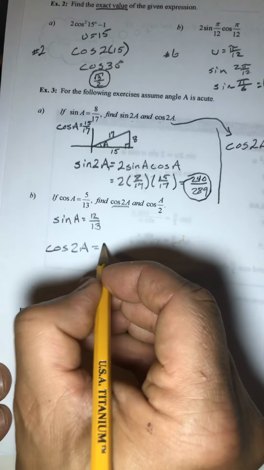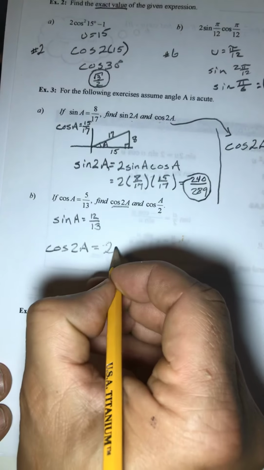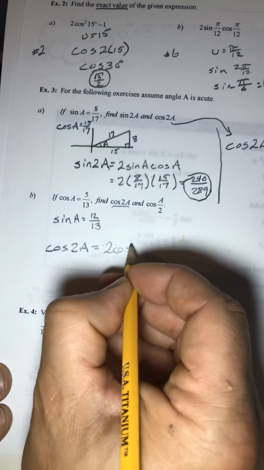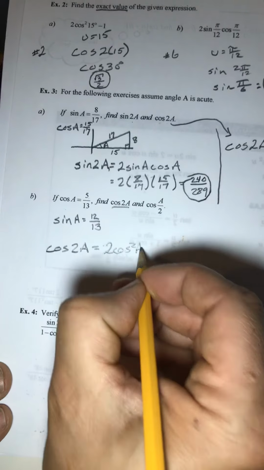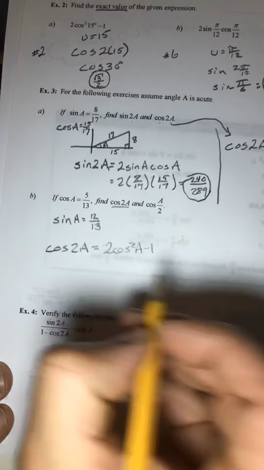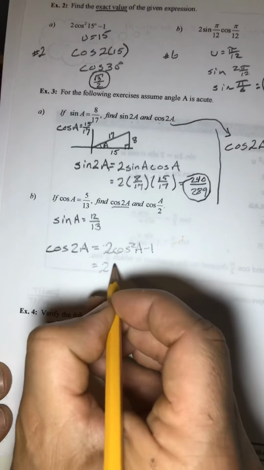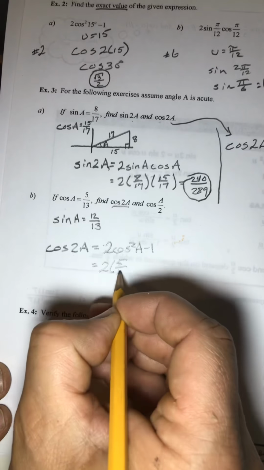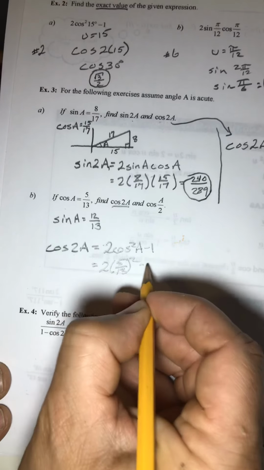So when they ask us to figure out cosine of 2A, I choose one of the 3. Why did I choose this one? Who knows? And then we plug in the 5 over 13 squared minus 1.